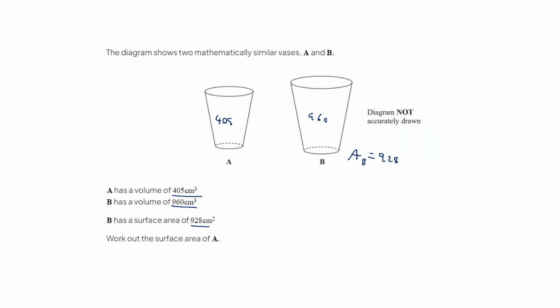Well, the first thing we need to do is to find the cubic scale factor, okay? The scale factor is still going to be the same as it's always been: 960 divided by 405. If we plug that into our calculator, we should get an answer of 64 over 27.